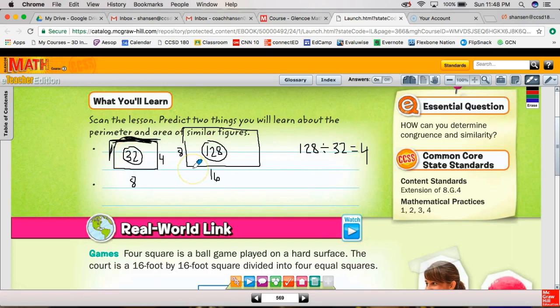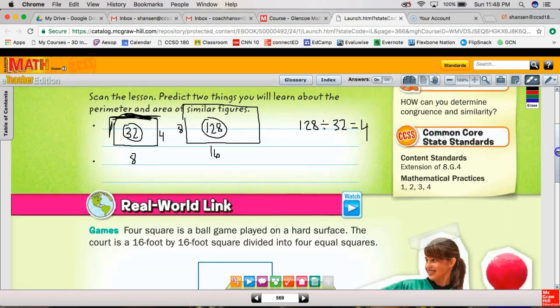And we kind of talked about it: the side lengths are doubled, right? This short side is twice as long over here, and this long side is twice as long over here, which means if I double the side lengths, it's actually going to increase the area times 4. I believe we looked at a couple examples of that before, so hopefully it's not too confusing. That's sort of a basis that we're going to use to look at the problems going forward. So keep that in mind as we venture ahead.